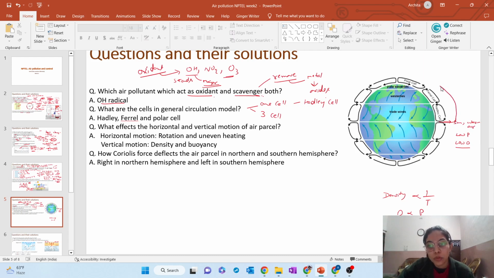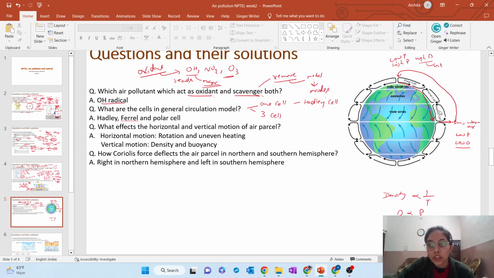It moves towards the pole. And at the pole, because of low temperature, it makes a high pressure and high density zone. Anything which is dense sinks. So the cold air will sink and come back to the equator.